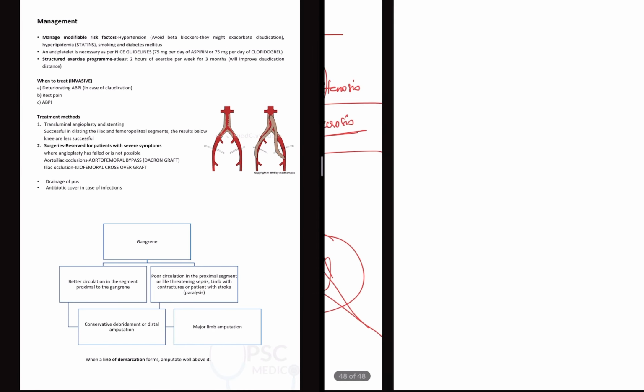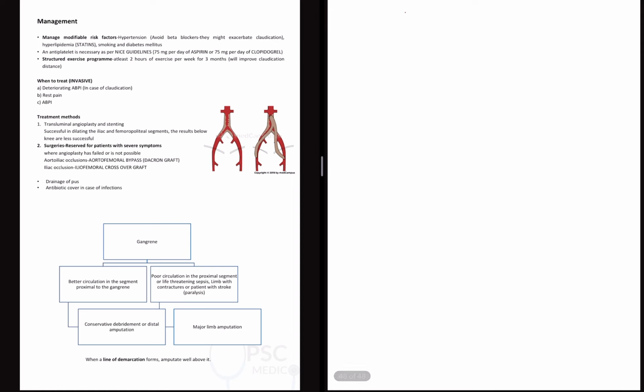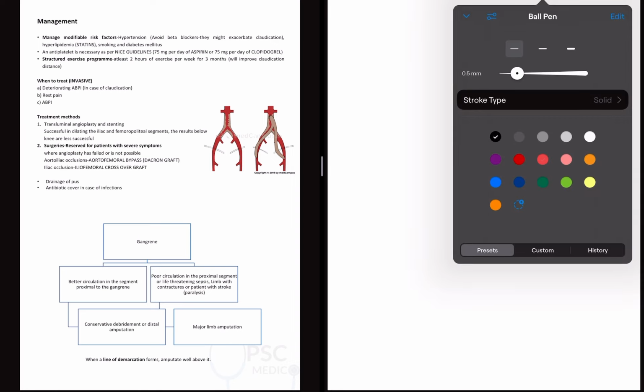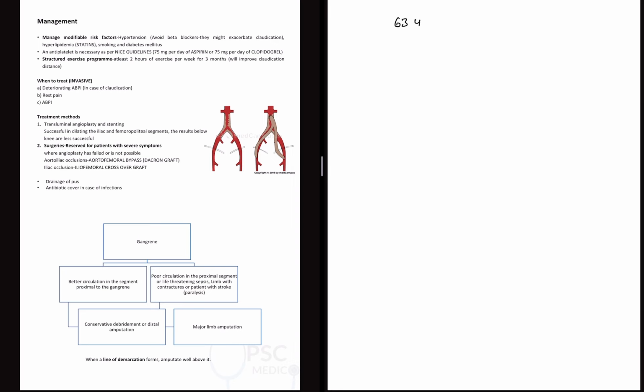Now you have investigated this case. So the case which we are discussing here is a 63-year-old male with atherosclerosis of lower limb. That's it. Now what to do?